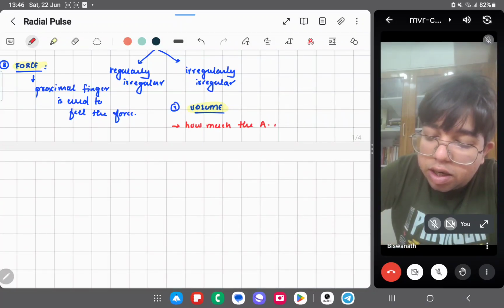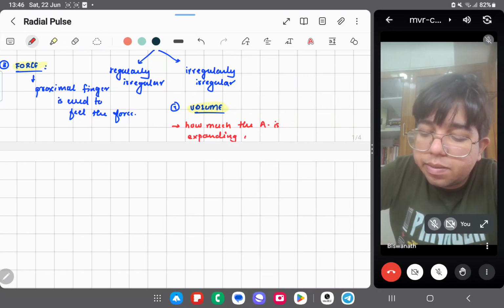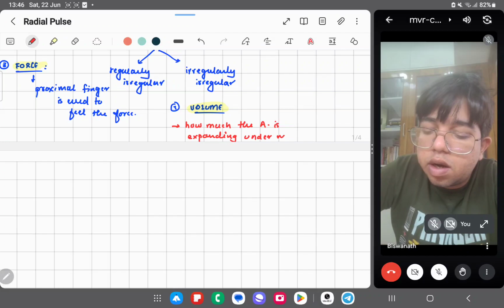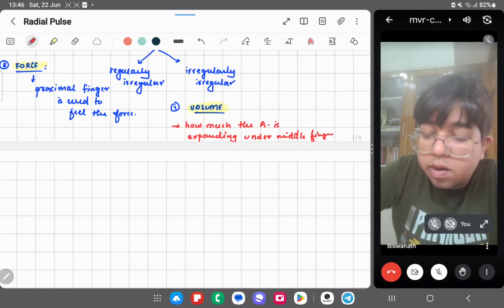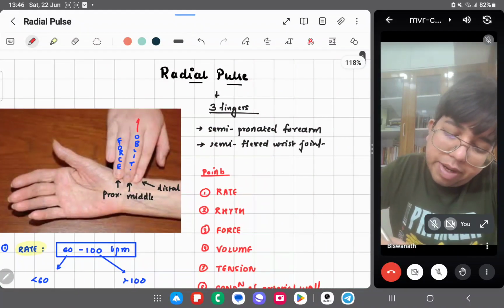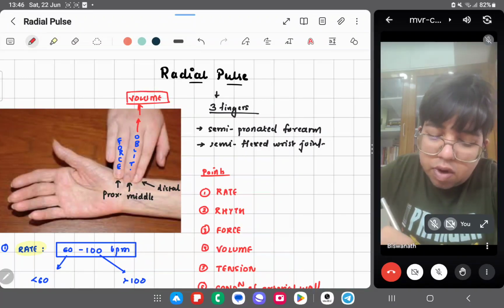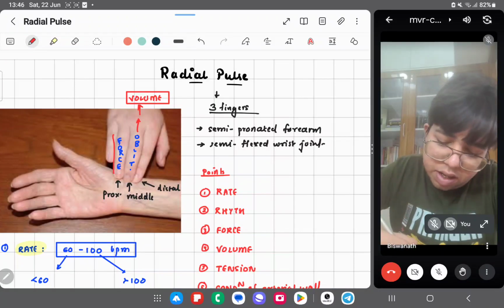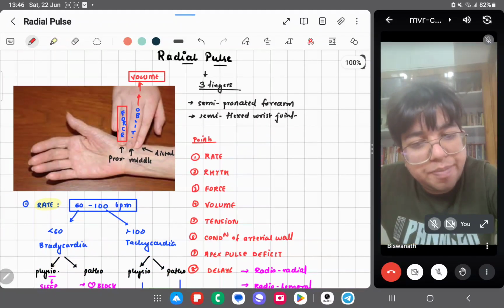So basically, the obliterating or middle finger is giving you the volume. The proximal finger is giving you force. The middle finger is basically giving you volume.